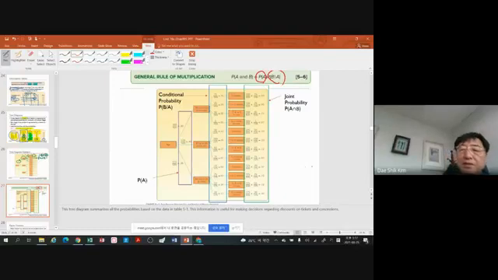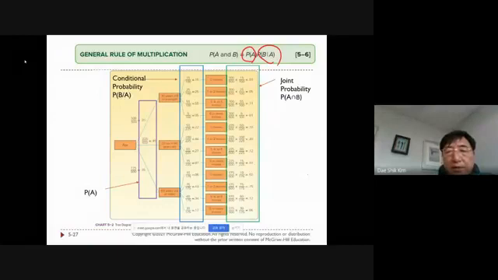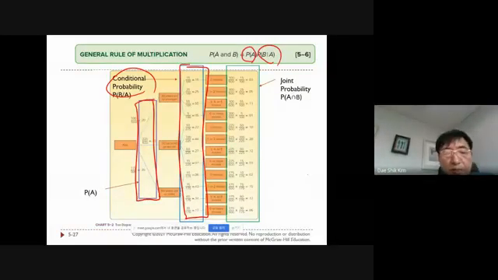So it is, in the middle is P, in the middle, this is conditional probability. This part is conditional probability. This is P(A1), P(A2), P(B1), P(B2), P(B3).